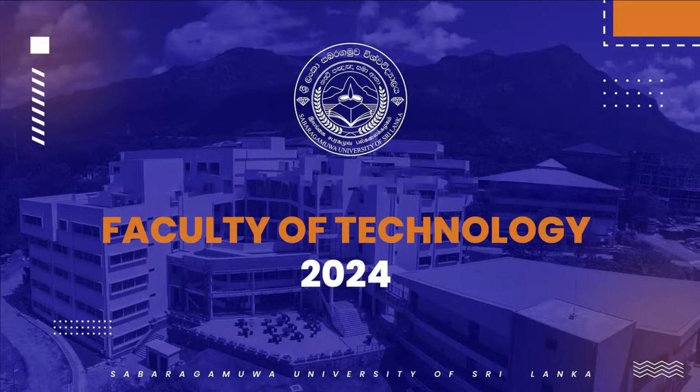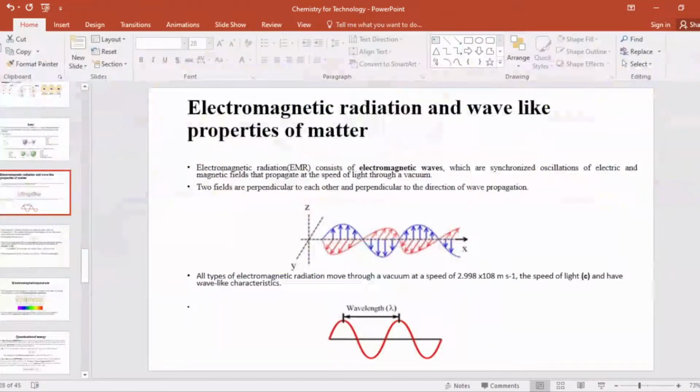Usually light, UV rays, infrared, X-rays, gamma rays, radio waves and microwaves all come under the category of electromagnetic radiation, and those form the spectrum. We'll talk about that spectrum later.